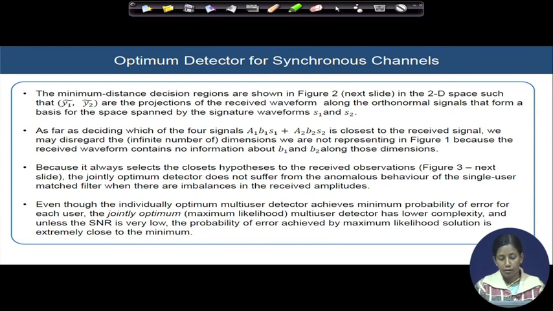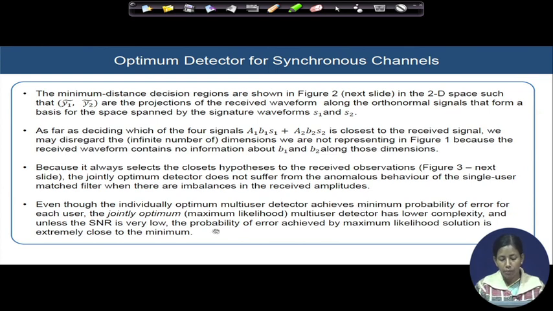But remember one thing. If I compare the individually optimum multi-user detector and the jointly optimum multi-user detector: the first one, the individually optimum detector, achieves the minimum error probability for each user.